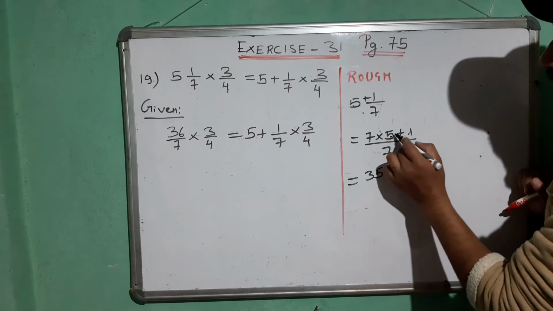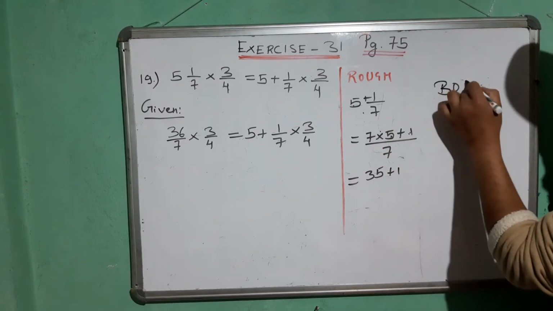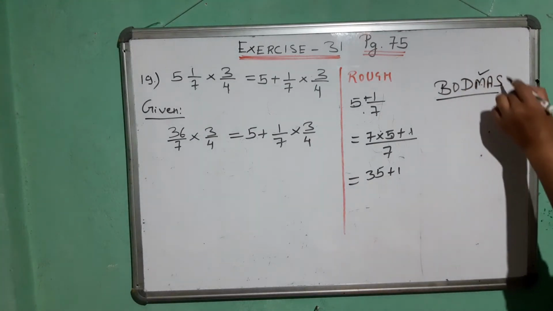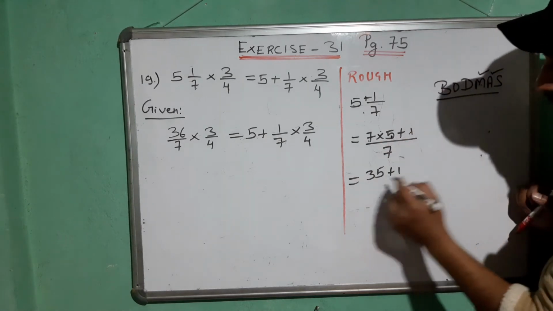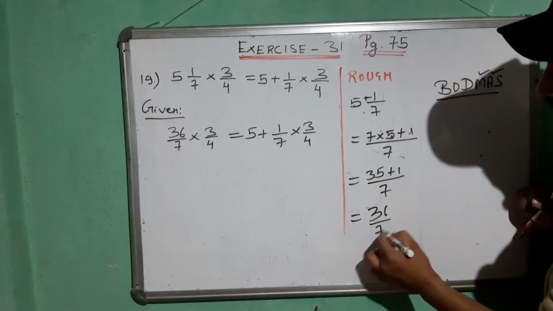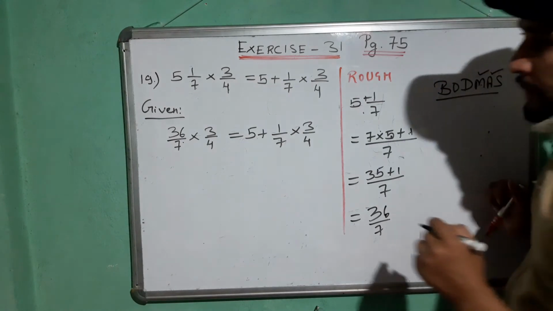Don't write 7 into 6, 5 plus 1 is 6, don't write that. You have to follow the BODMAS rule: multiplication comes before addition. So multiply this first, divided by 7. 35 plus 1 is 36 upon 7. So 36 upon 7 I have written.